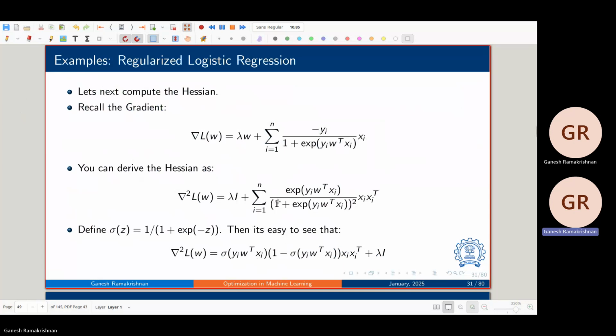Okay, now you can call this entire thing sigma, right? And if sigma is 1 divided by 1 plus exp of minus z, then when you write the Hessian, it turns out to be nothing but sigma times 1 minus sigma. That's very interesting about this entire form.